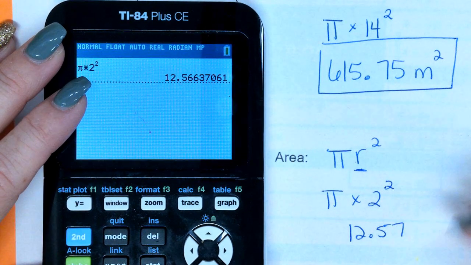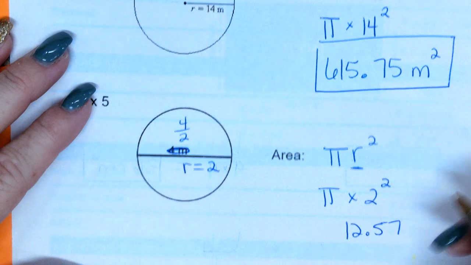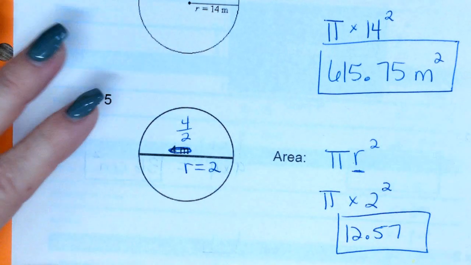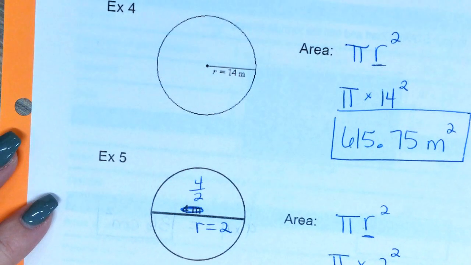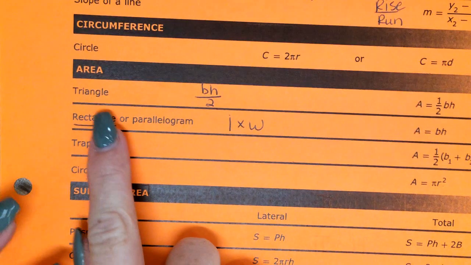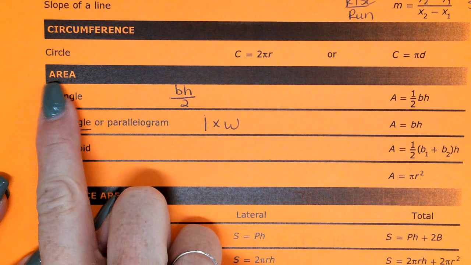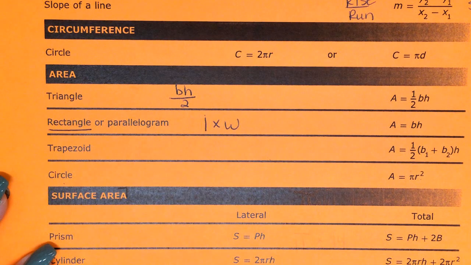These are always multiple choice, though, so just pick your closest answer and you're good to go. What do y'all think? Is it much easier than in 7th grade? Because you have a calculator. Where do you find your formulas at? On your star chart under area.